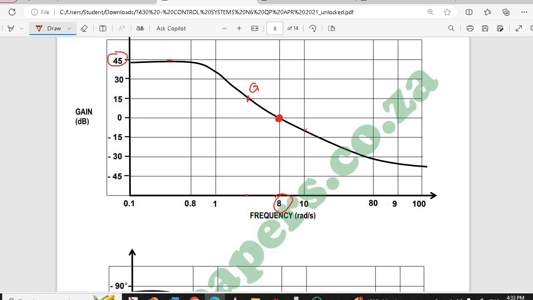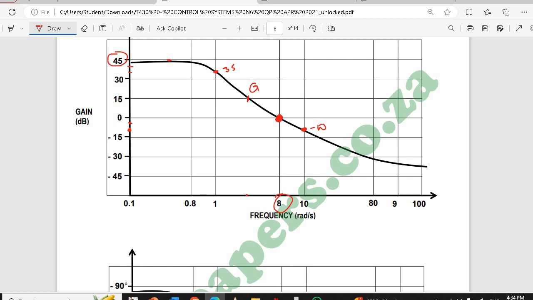Here's my gain at 1, and at 10 it looks like it's minus 10 decibels, and at 1 it's positive 35, because it's divided into 35 and 40.